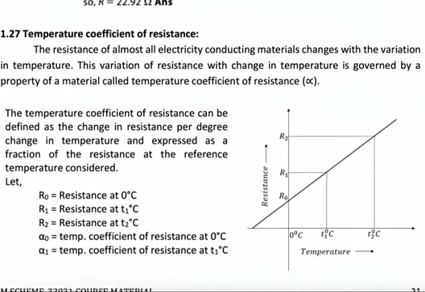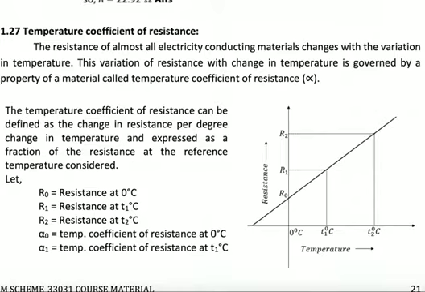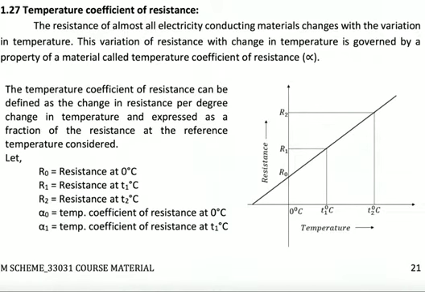Temperature coefficient of resistance. The resistance of almost all electricity conducting materials changes with variation in temperature. The variation of resistance with change in temperature is governed by a property of the material called the temperature coefficient of resistance, alpha. The temperature coefficient of resistance can be defined as the change in resistance per degree change in temperature, expressed as a fraction of the resistance at the reference temperature considered.